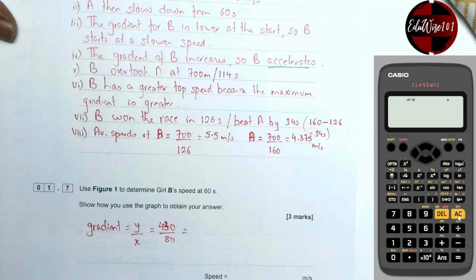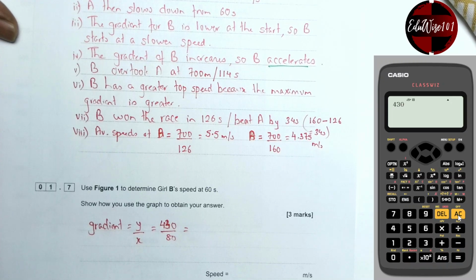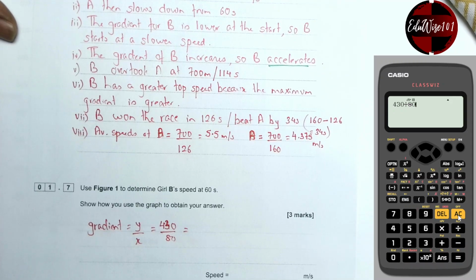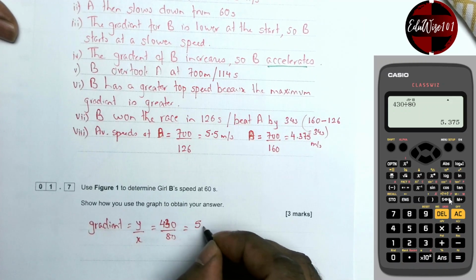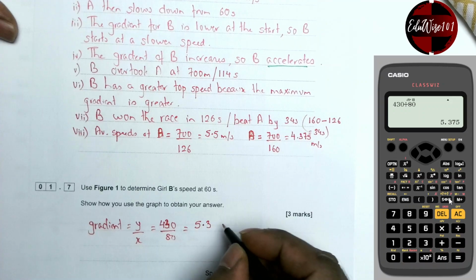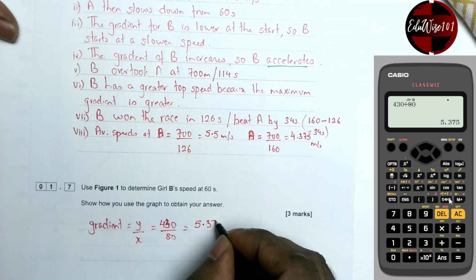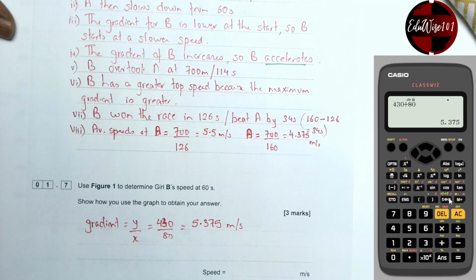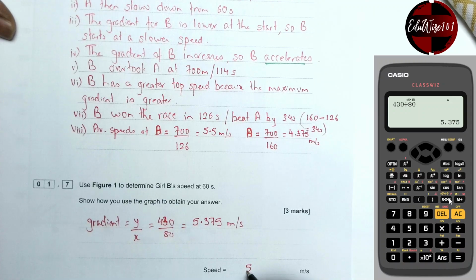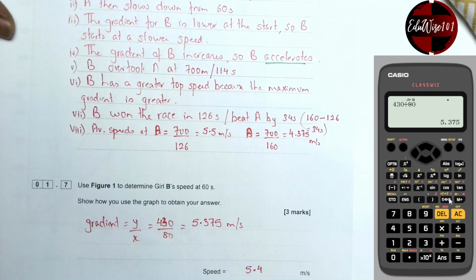So 430, divide that by 80. That gives me an answer of 5.375 meters per second. I can round it off to 5.4 meters per second.